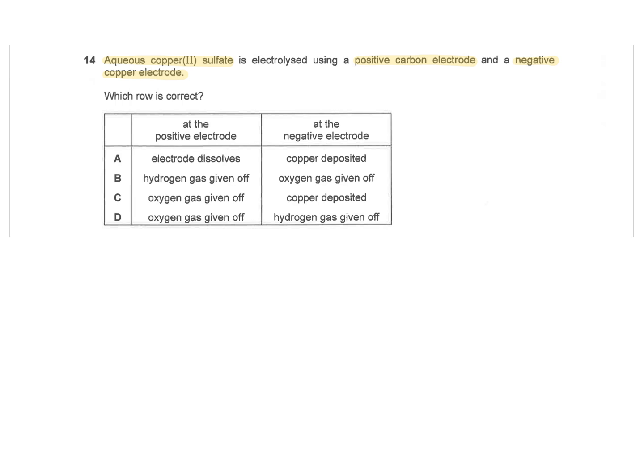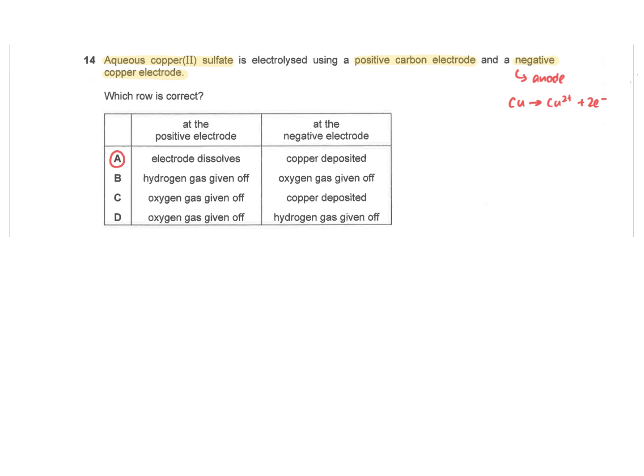So what electrode you use at the positive electrode, or the cathode, makes no difference. In this case, since the copper, the active electrode, is at the negative electrode or the anode, your copper is going to take part in the reaction to form copper(II) ions. So your electrode will dissolve, and that will give you the answer already.